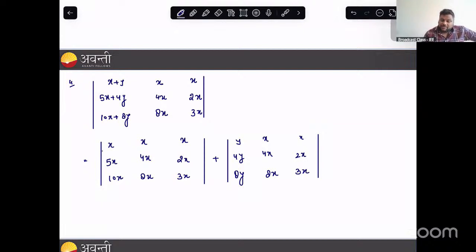Chapter name is determinants. Now see here, if I take x common from this and y common from this, won't these two determinants be identical? If I take y common from the first column and x common from the second column, won't two columns be identical?